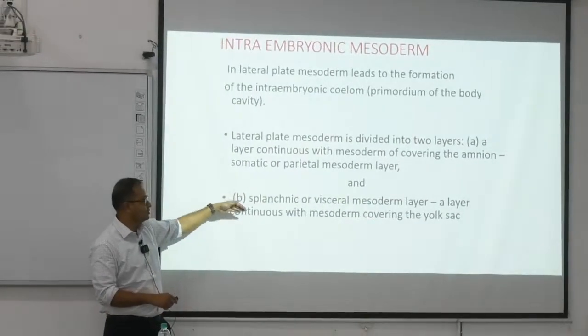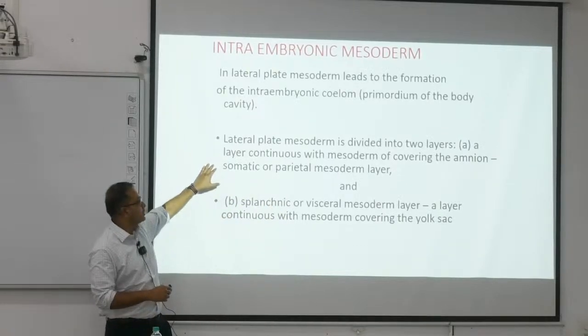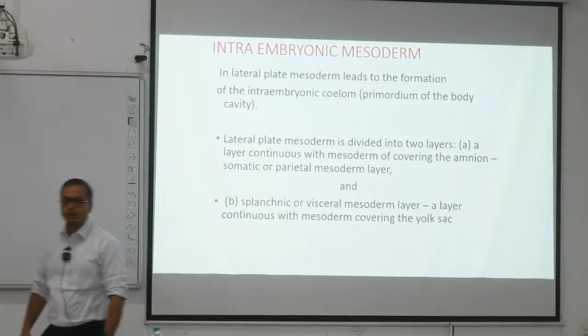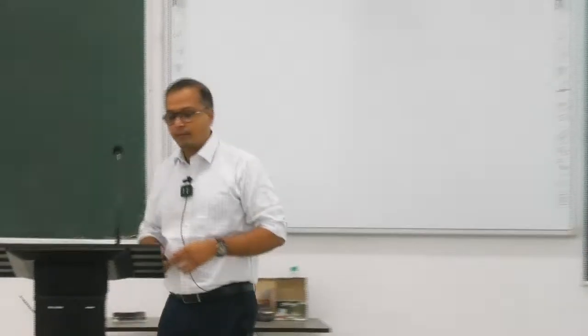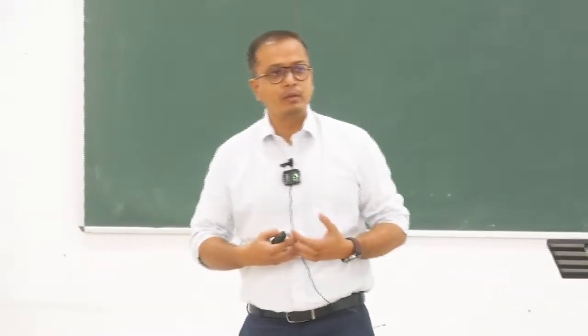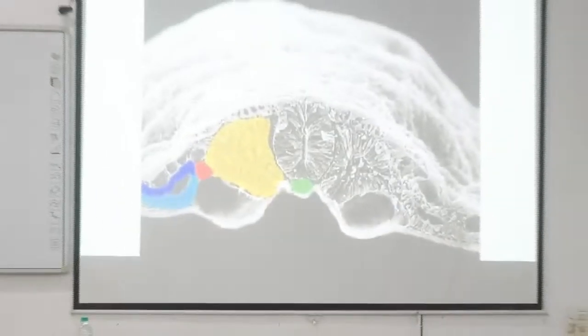The layer which continues with the yolk sac we call the splanchnic layer, and the layer which continues with the amnion we call the somatic or parietal layer of the lateral plate mesoderm. They hold the cavity which is going to be the intraembryonic coelom. That coelom is going to be the future body cavity. So this is what we are going to talk about.